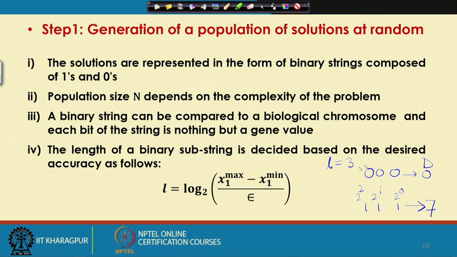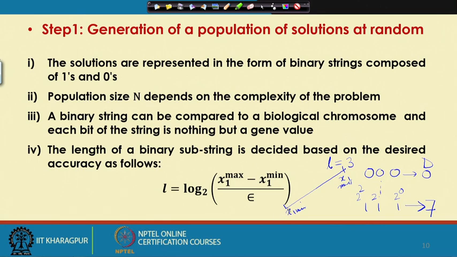Now, if I use only 3 bits, the whole space for x1, the real variable, supposing that this is the range for x1, with x1 minimum here and x1 maximum here, the whole range will be divided into 7 equal parts.